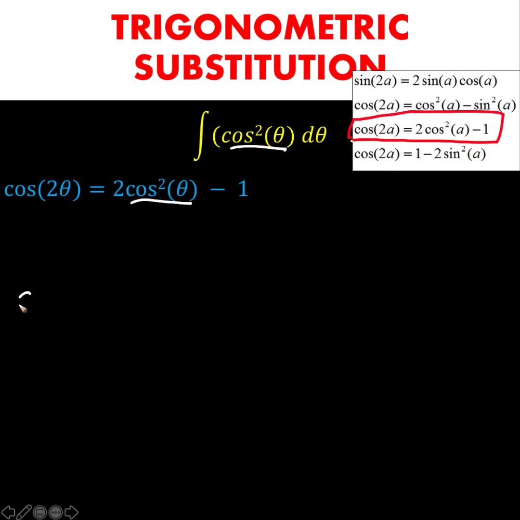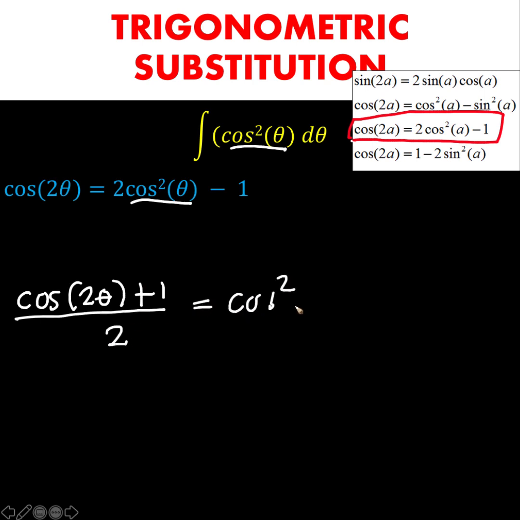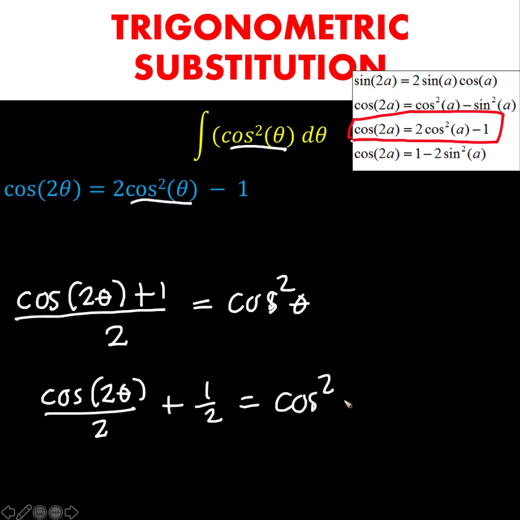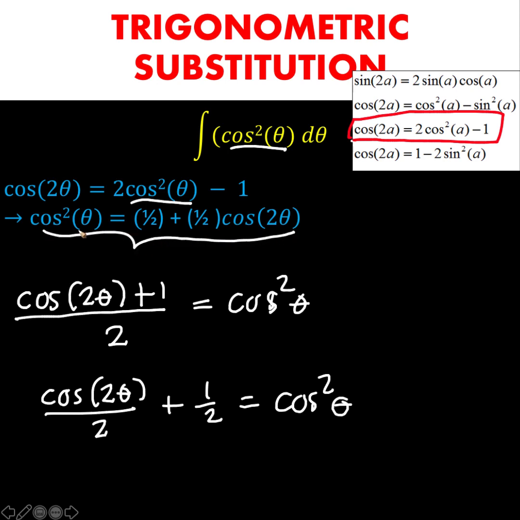We add 1 to both sides to get cosine of 2 theta plus 1, and we divide by 2 to get cosine squared theta. Then we can separate the two terms as cosine of 2 theta divided by 2 plus 1/2 equals cosine squared theta. And so by the symmetric property and by applying the commutative property of addition, we now have this form for cosine squared of theta.